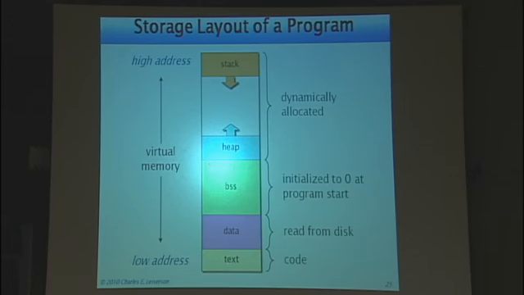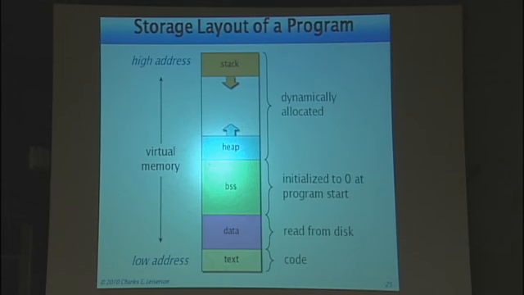BSS consists of all the variables that at the start of the program should be initialized to 0. It doesn't bother storing these in the file. Why not? Because it's easy enough to just bring it in, understand what that distance is, and then do a memset of this whole region with 0, to zero it out.